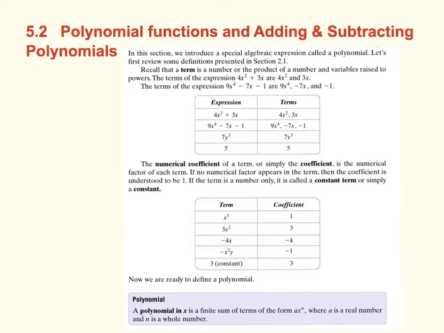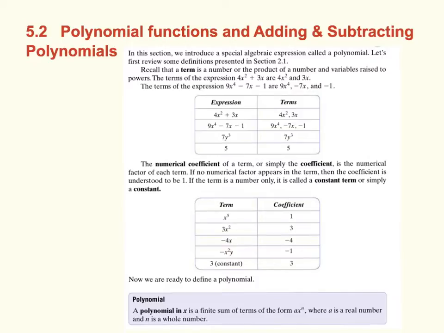And the coefficient of a term is the numerical factor of each term. Okay, so when you have a term that has no numerical coefficient visible, remember that the coefficient is understood to be a 1. All right.